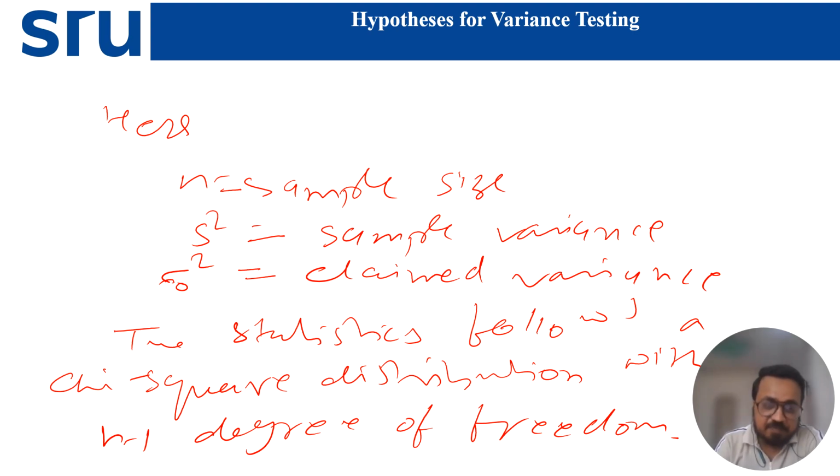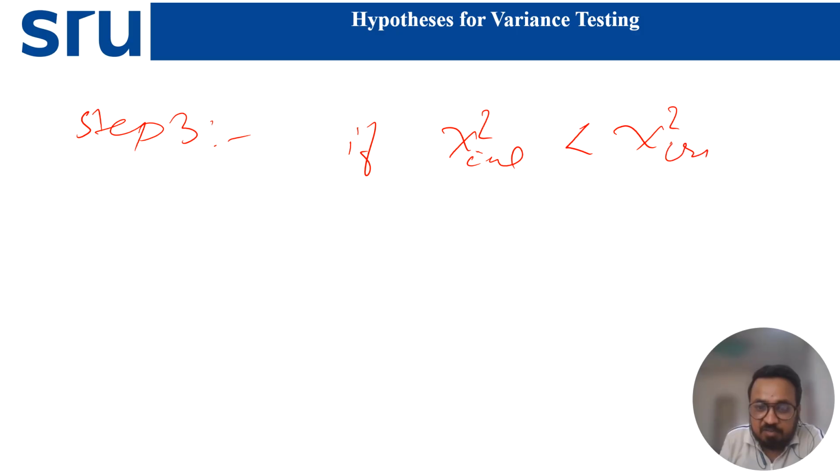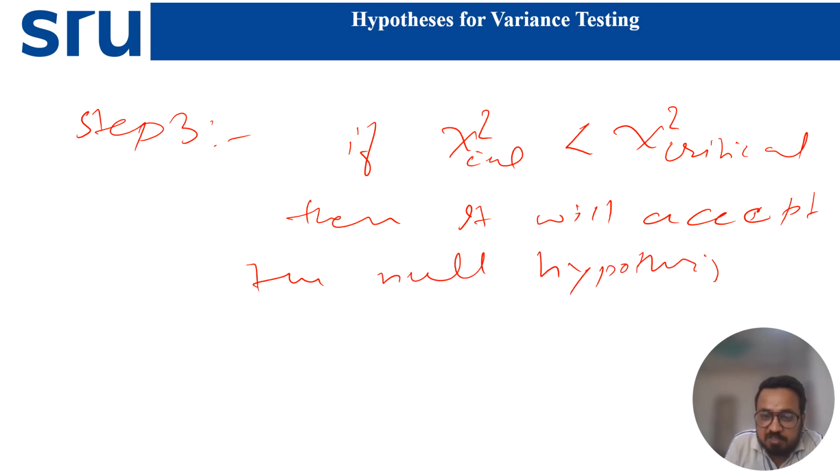In step 3, if chi-square calculated, that is the chi-square statistic value, is less than the chi-square critical value, that is the value obtained from the chi-square distribution table, then we accept the null hypothesis H naught.